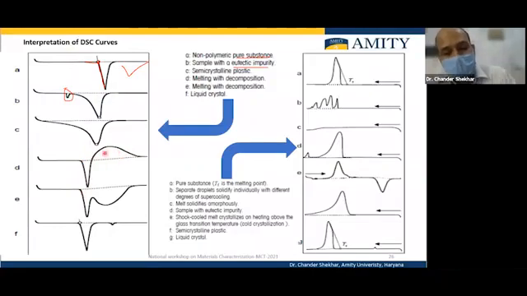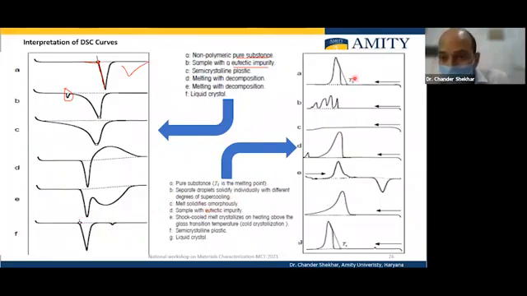So after melting, there's a decomposition in this case, and that is an exothermic event. And in a liquid crystal, there may be some phase transition, and this kind of small endothermic peak may be found in the case of liquid crystals.